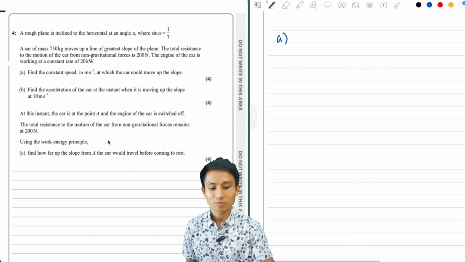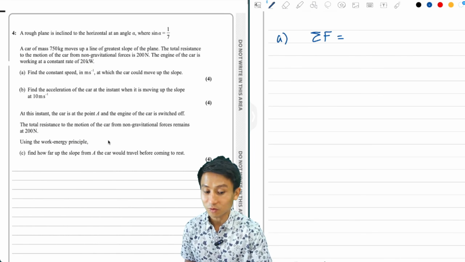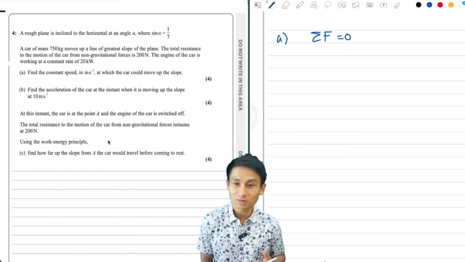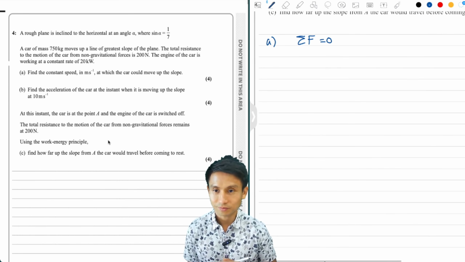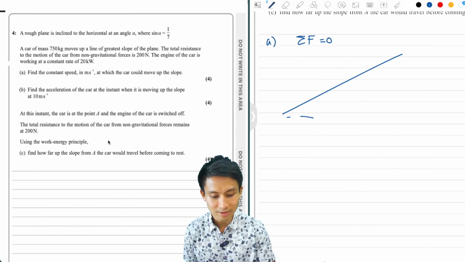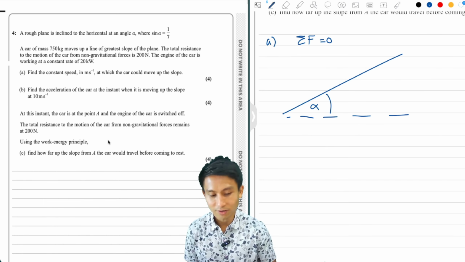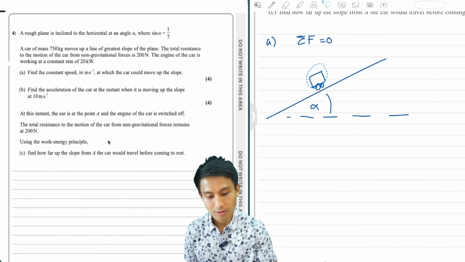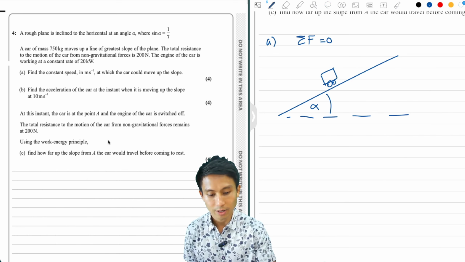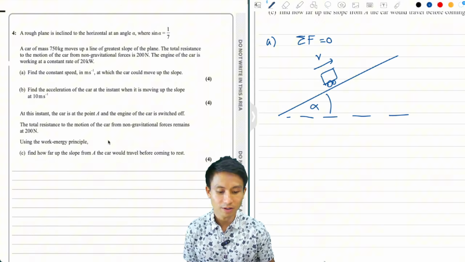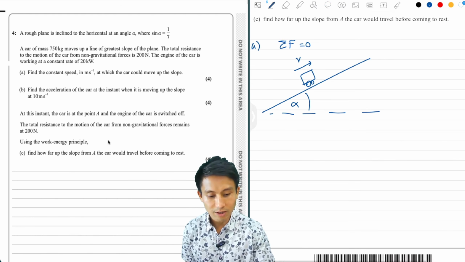Right. Constant speed means that the resultant force up the slope or down the slope, doesn't matter, is 0. So let's say this is the slope and that's α. So a car is moving up, yeah. Okay, and constant speed v. So ΣF equals 0.